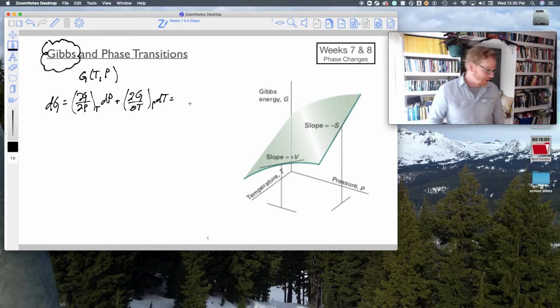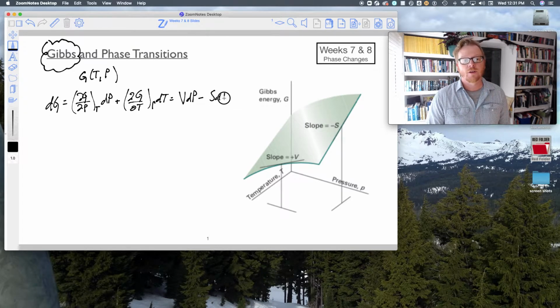And we derived last time the fundamental equation of chemical thermodynamics.